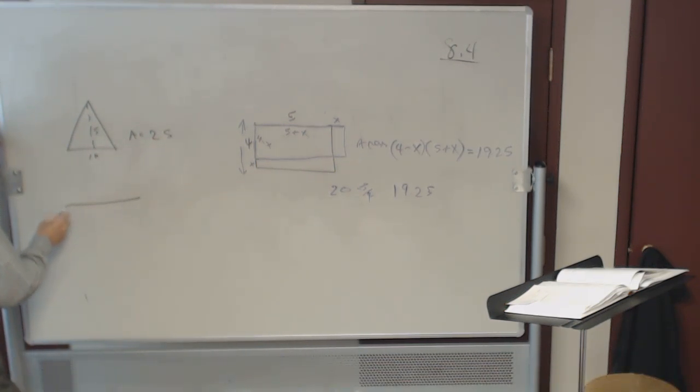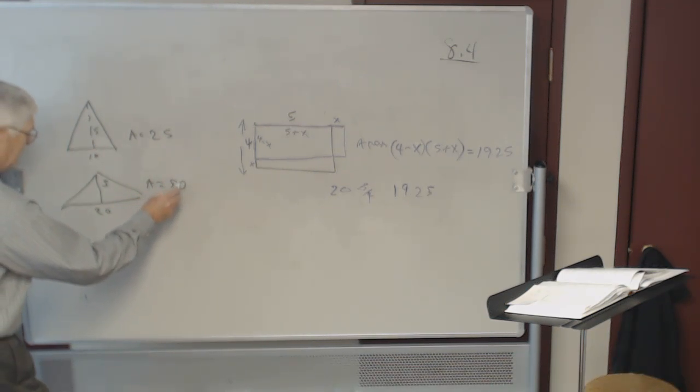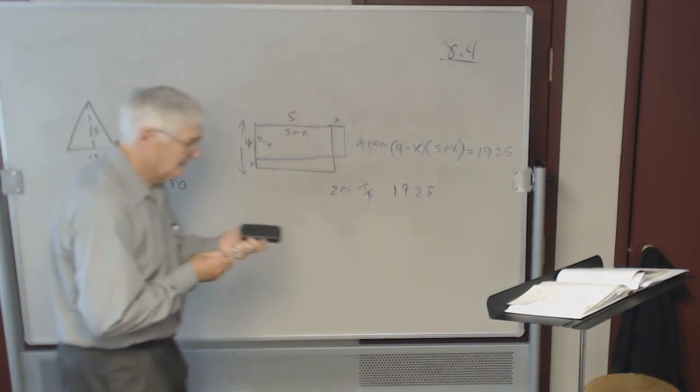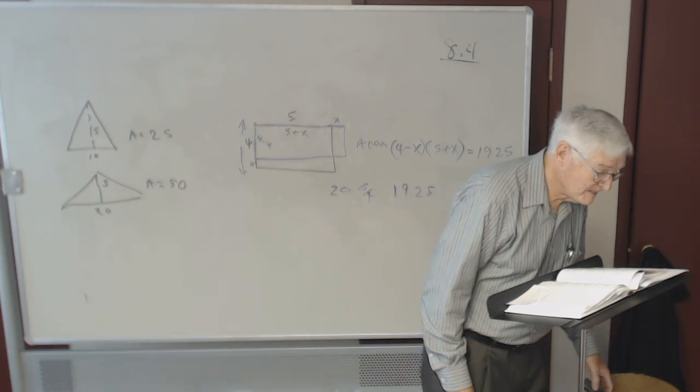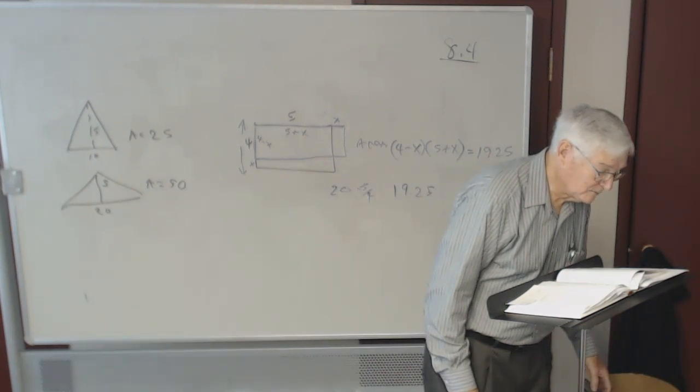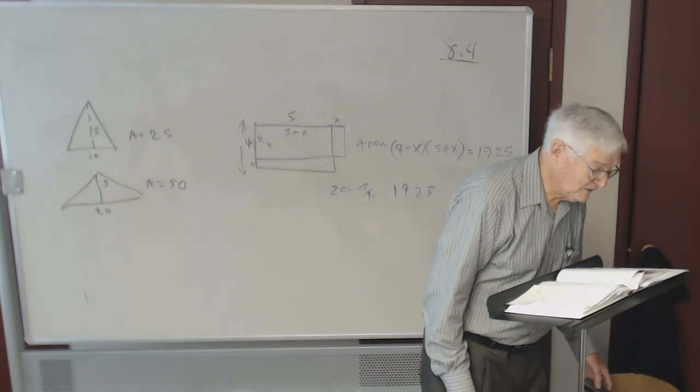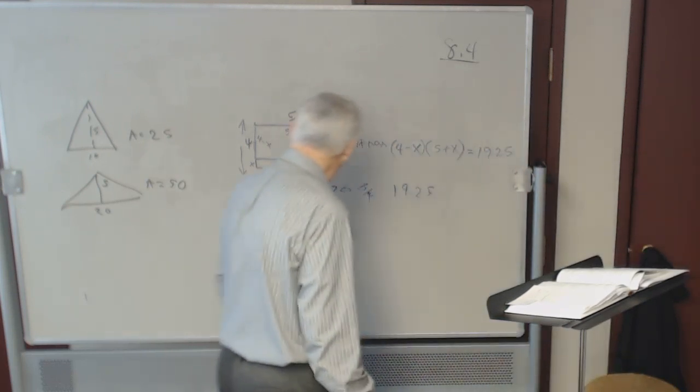Let's double the base, and we still have a height of 5. What's the area? 50. So what happens if you double the base? It doubles the area.